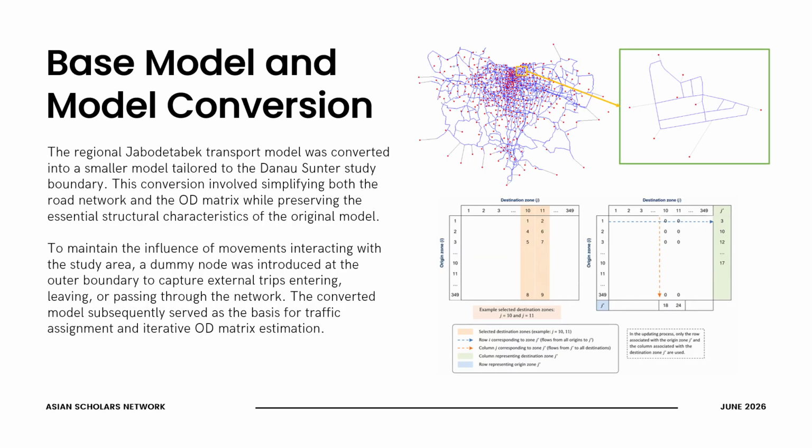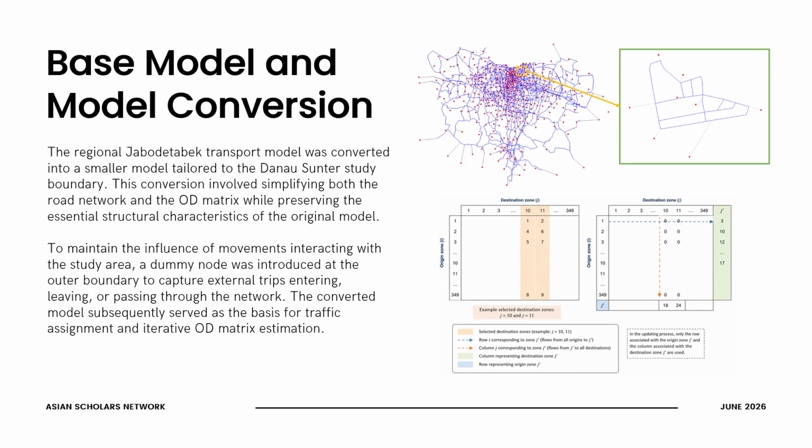The base model was developed from the regional Jabodetabek transport model and then converted into a smaller model tailored to the Danau Sunter area boundary. This conversion involves simplifying both the road network and the OD matrix while preserving the essential structural characteristics of the original regional model.